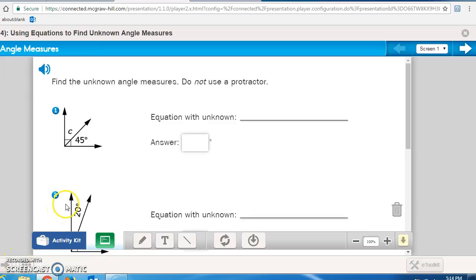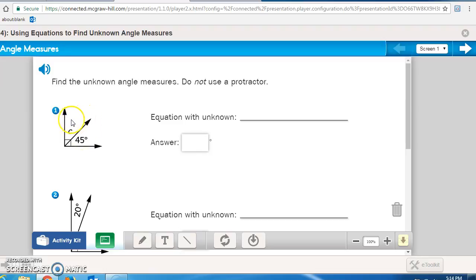When the sum of two angle measures is 90 degrees, they are called complementary angles. So what is the measure of a right angle? You should know it's 90 degrees. So take a look at the information that they have given you. They told you that this angle is measuring 45 degrees.